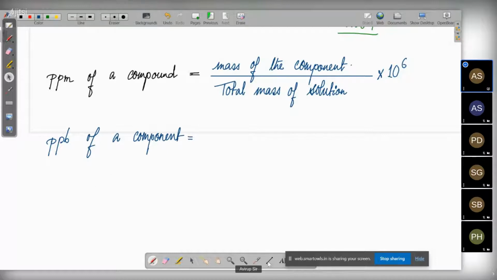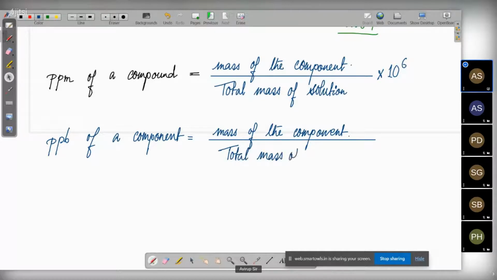That is equal to mass of the component divided by total mass of solution, same formula, just here we multiply with 10 to the power of 9.